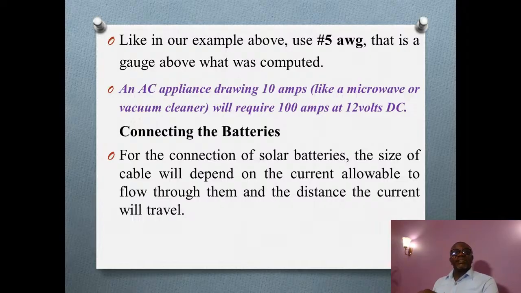So an AC appliance drawing 10 amps, for instance, like a microwave oven or vacuum cleaner, will require 100 amps at 12 volts DC. When you pass 100 amps in a cable, that cable must be sizable enough, or else it will get heated up and may lead to a fire outbreak.